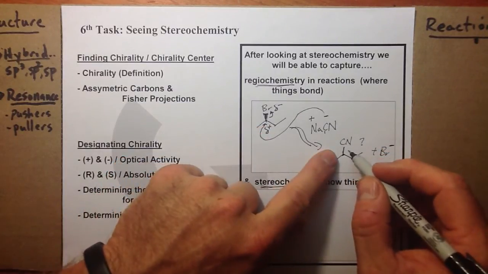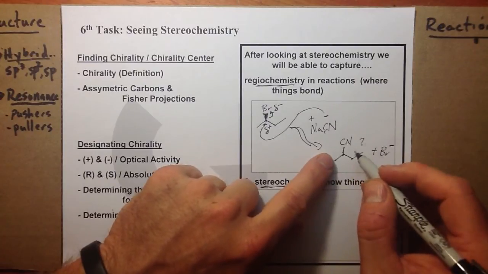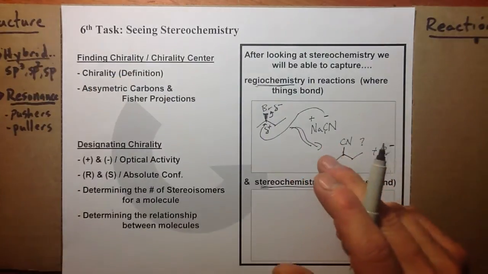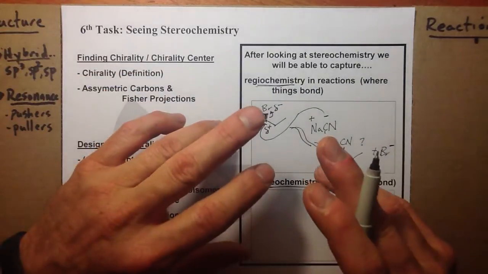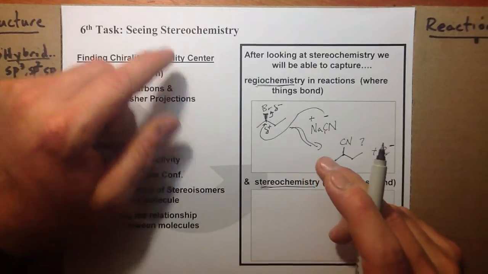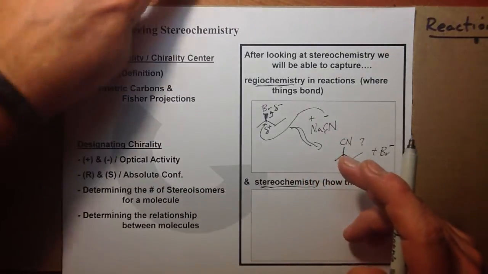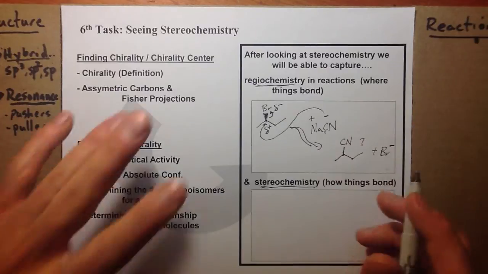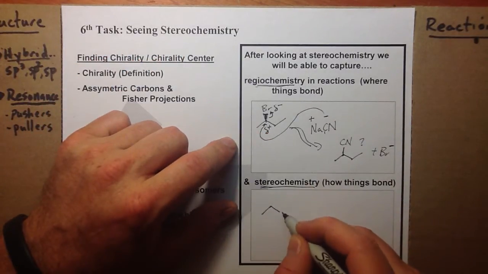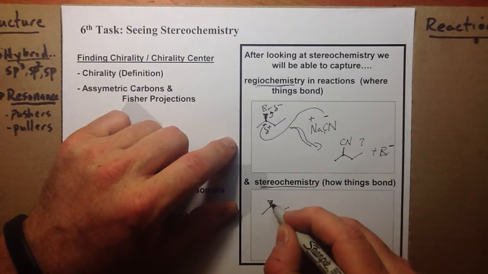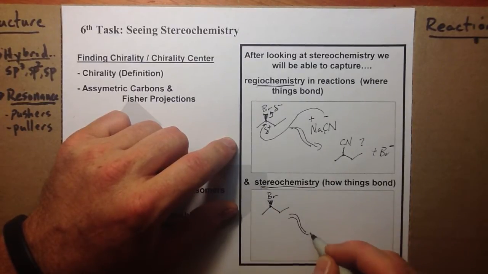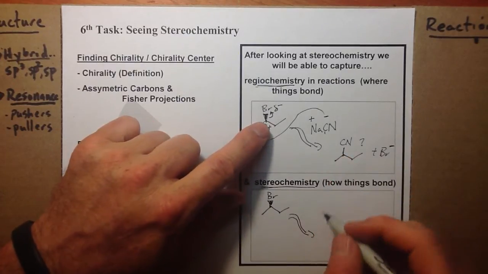Right here, but no stereochemical information. Well, most reactions have some sort of stereochemical descriptor. It may be that you don't have selectivity towards a particular stereochemistry, or it may be that you do have selectivity towards a particular stereochemistry. In this particular reaction, we need to draw it more accurately or more precisely to say it's not enough just to say where cyanide bonds.